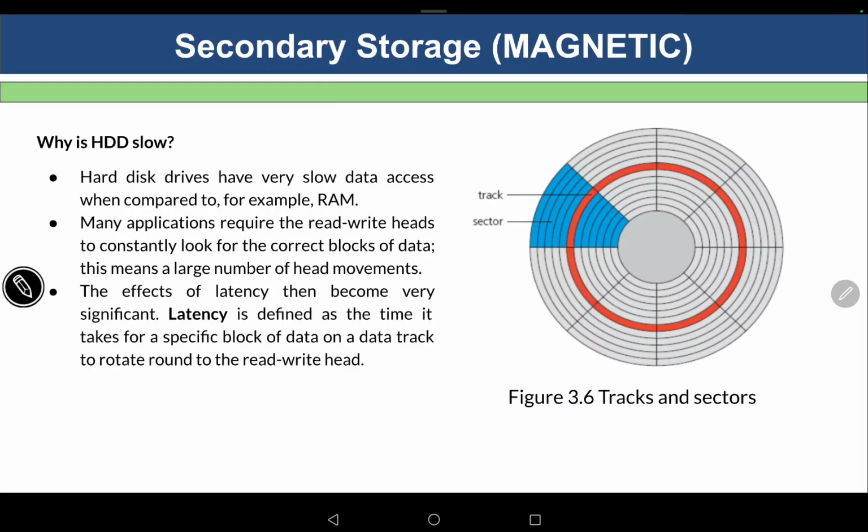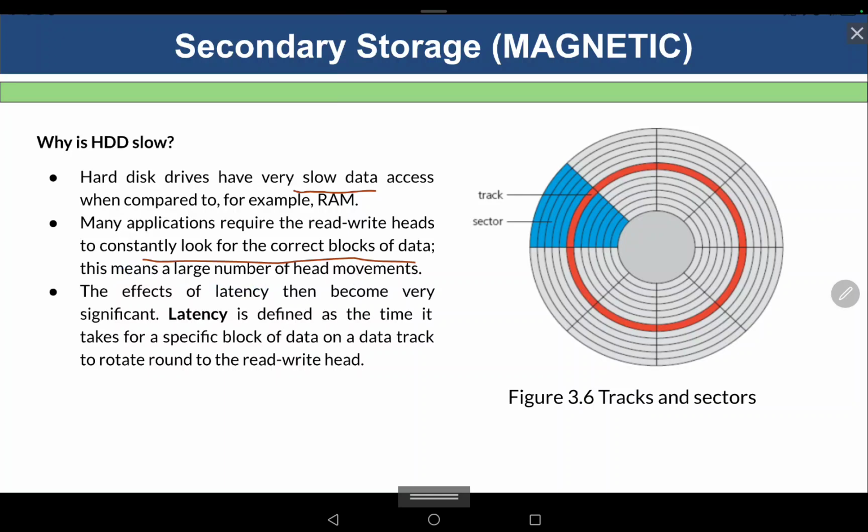Now, let's look at the reason why HDD is slow. Compared to RAM, obtaining data from HDD is at a very slow rate. Many applications require the read-write head to constantly look for correct blocks of data. This means a large number of head movements.